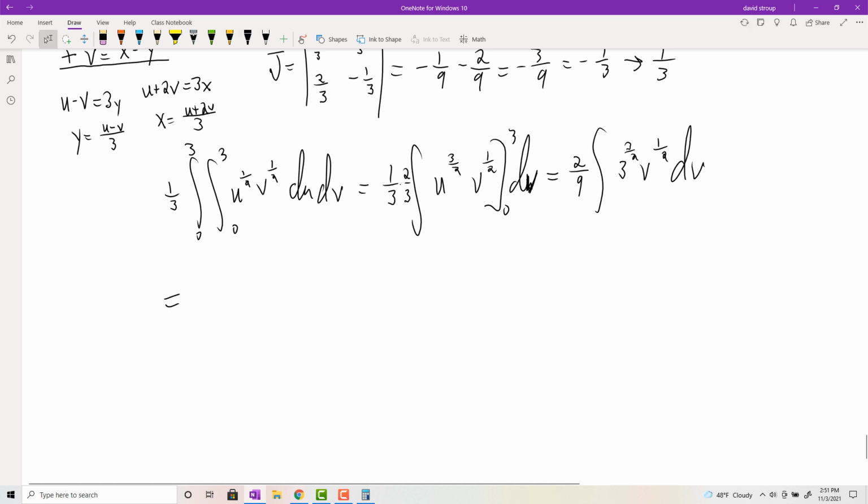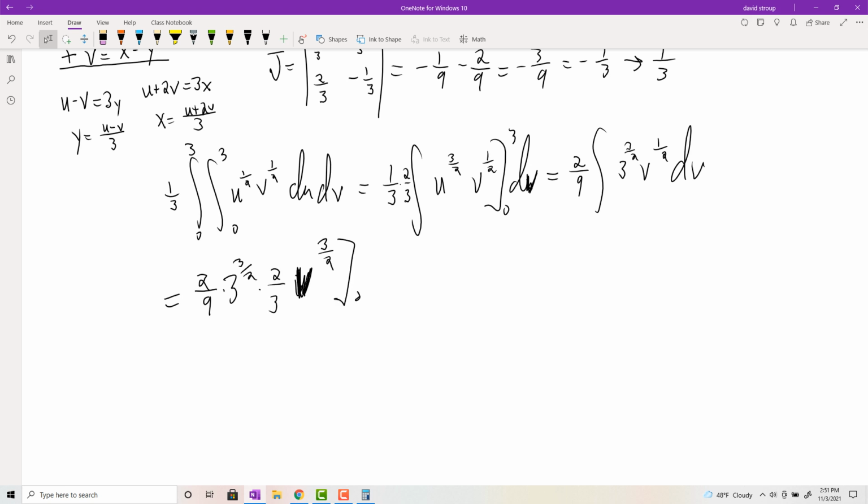You could factor out the 3 to the 3/2, so you get 2/9 times 3 to the 3/2. The integral of v to the 1/2 will give you v to the, I want to write a u desperately apparently, v to the 3/2 times another factor of 2/3, evaluated from 0 to 3.